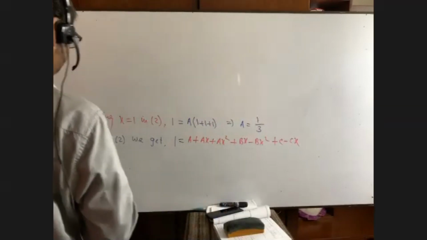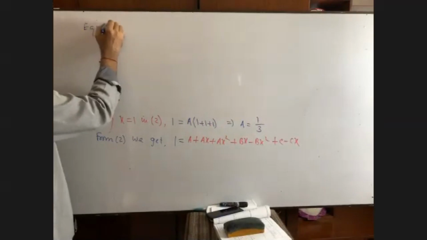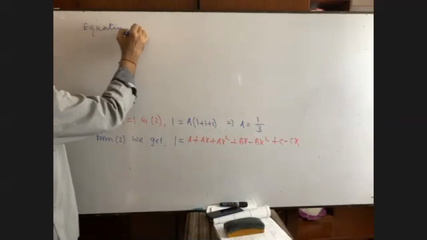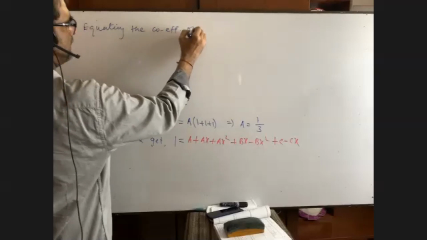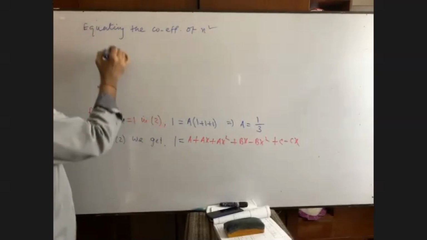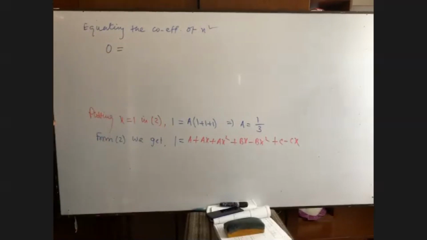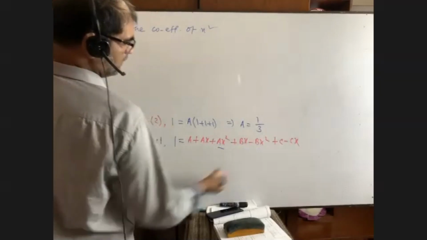Equating the coefficient of x square. There is no x square, so it is 0. 0 is equal to the coefficient of x square. We are getting a and b.